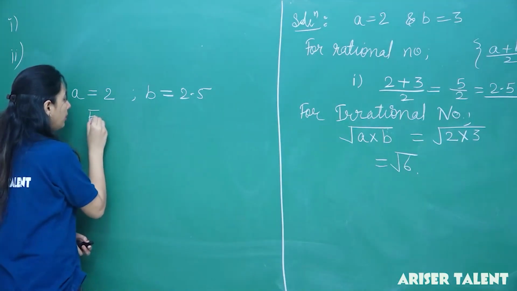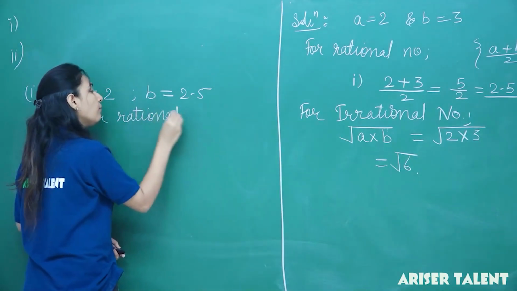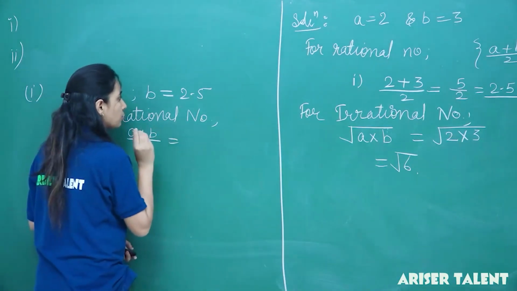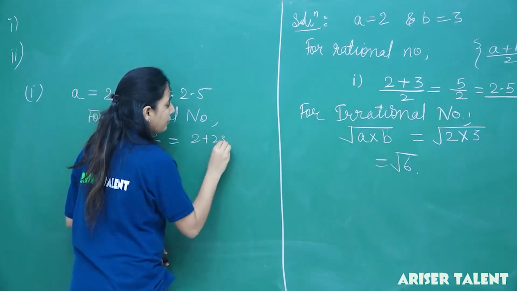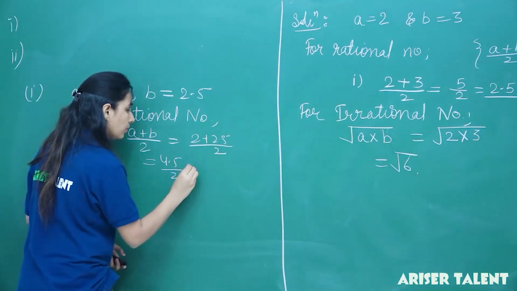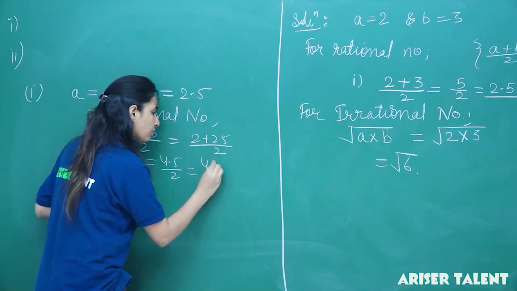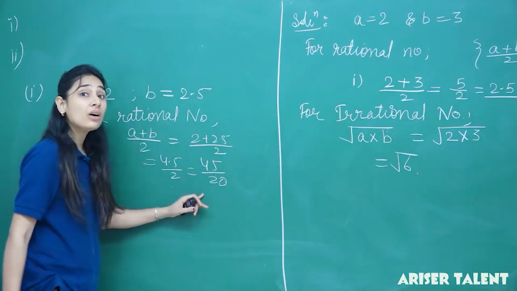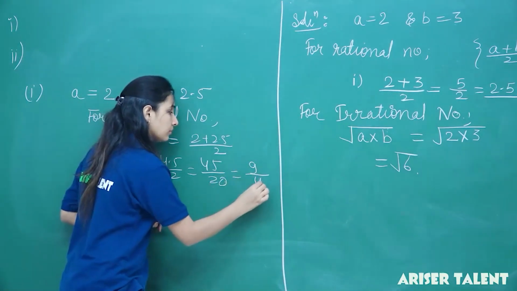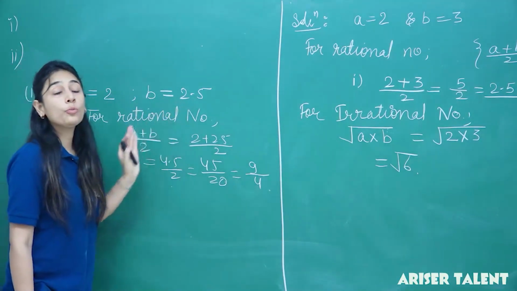So for a rational number, we know what to do. (a plus b) by 2, that equals (2 plus 2.5) by 2, that will become 4.5 by 2. Okay. We can write it like this also and cancel out the things. It will become 9 by 4, which is a rational number and whose value lies between 2 and 2.5.